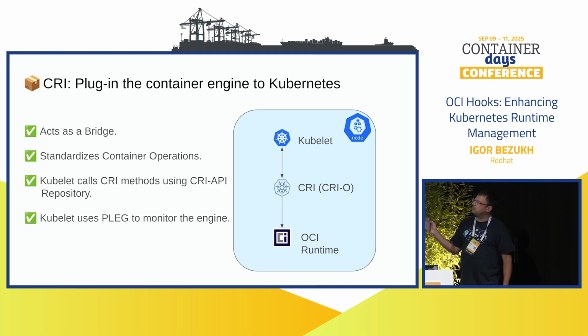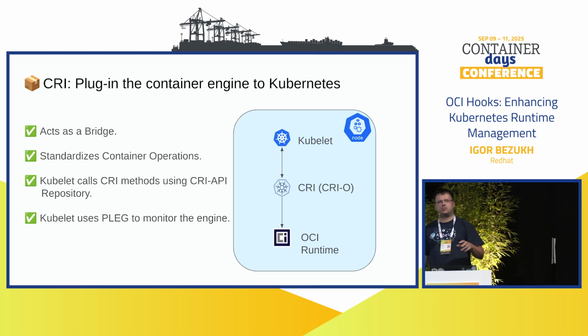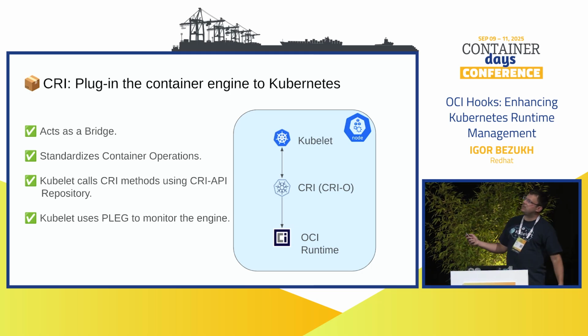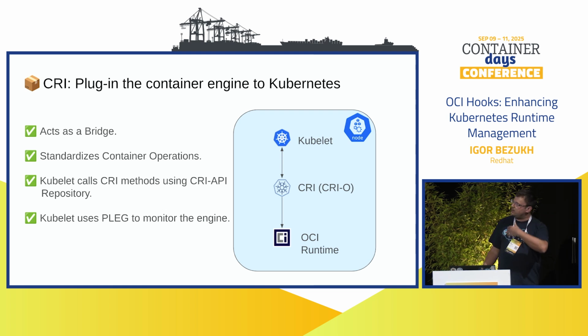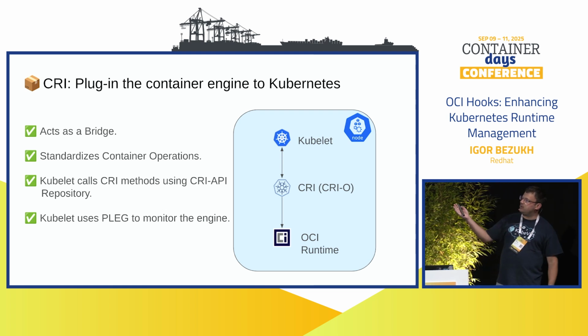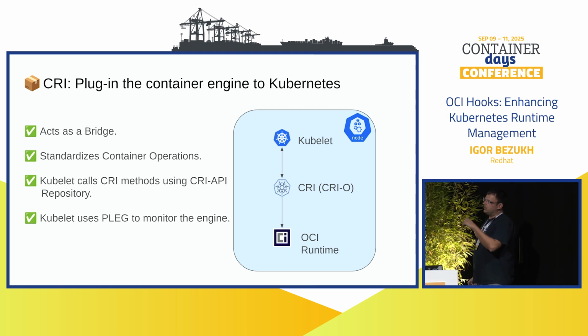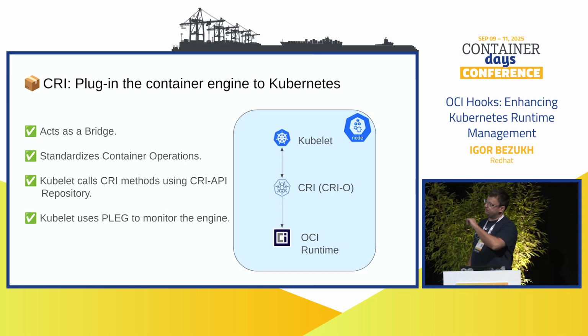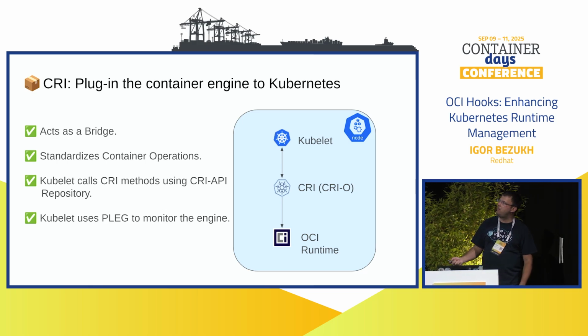In regards to Kubernetes, you have the kubelet, which is the Kubernetes agent that runs on the worker nodes. It communicates with the CRI using the CRI API, and also manages the pod lifecycle through the container engine.